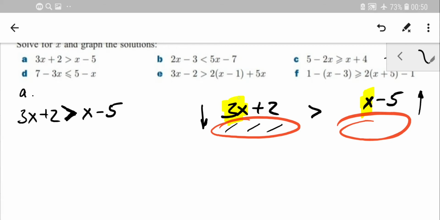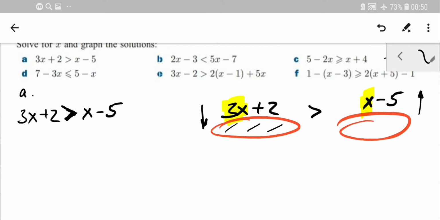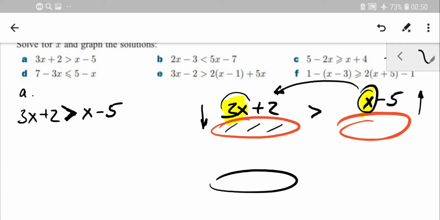Obviously, if you transfer 3x to the right side, it will change sign into the negative, and it will be inconvenient. In this case, you leave the variable with the greatest coefficient on the side so that it will be positive. And when you transfer x to the left side, it is still positive.